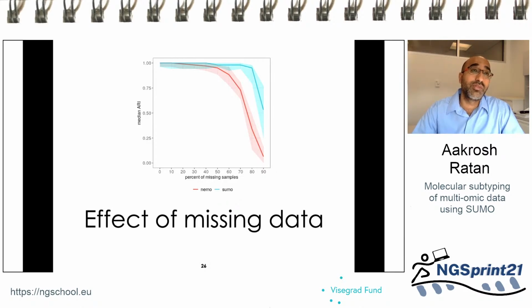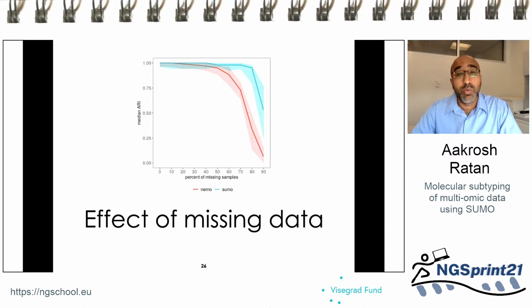Also, the performance of your subsequent downstream applications might depend on the imputation method that you choose. But SUMO allows us to handle missing data by manipulating the objective function so that we do not include patient or pairwise entries where we do not have a value.